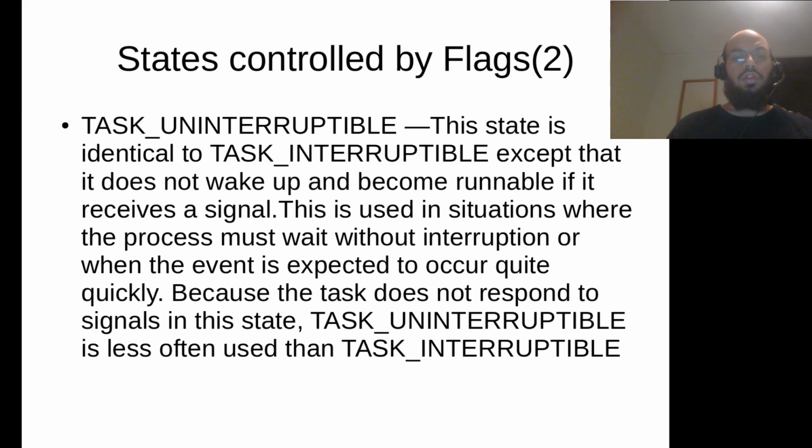But in general, you use this flag much less often when you are doing threading inside the kernel, because it reduces your chances as a thread to move from a waiting state to a runnable state.